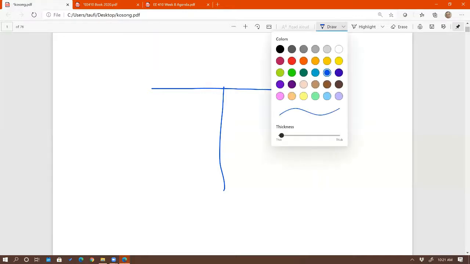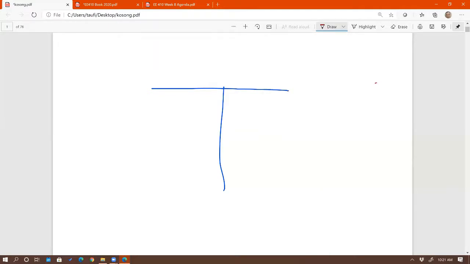Oh, so start with T, right? And then buck boost. Buck boost is a combination of a buck and boost. That's why it's called buck boost. If you remember buck, then you remember boost, then you remember buck boost. A buck means at the input you have a switch. Let's use red. So the input looks like a buck, the output looks like a boost.